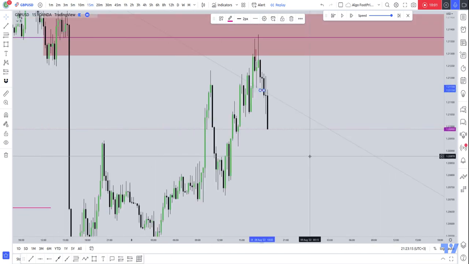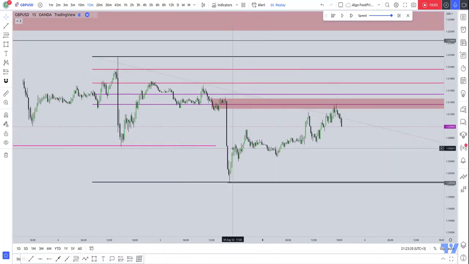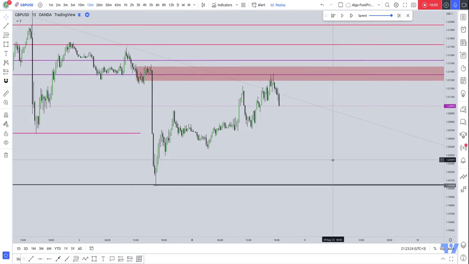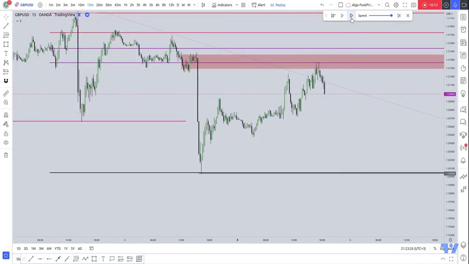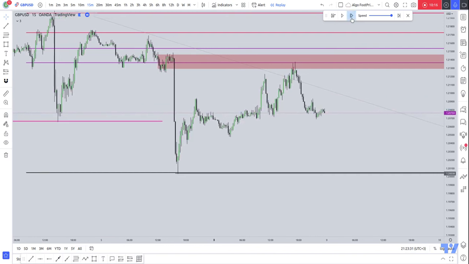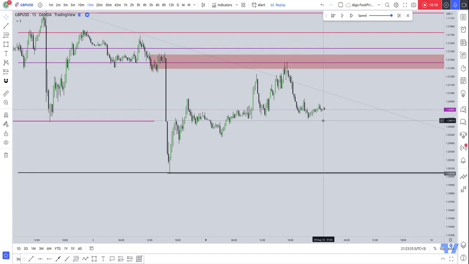Now let me switch to M15. Let's see how many pips the price was able to deliver. We have that. All right.